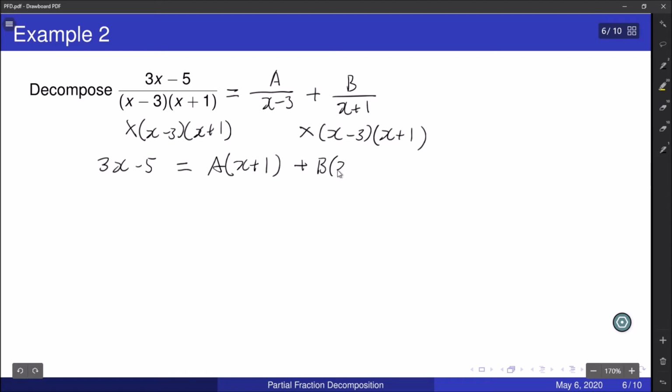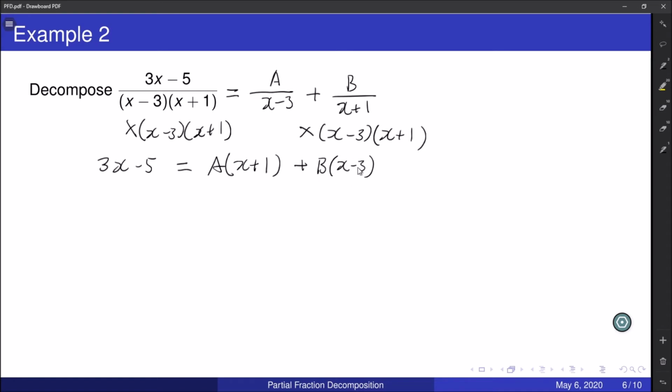Here we can expand everything and match the coefficients, or we can eliminate a to find b and eliminate b to find a by choosing the appropriate x values. So let's eliminate b first.